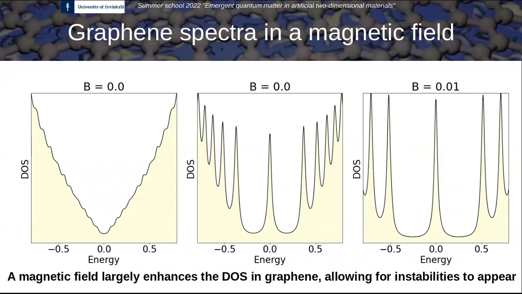So this is also another way of understanding that a magnetic field is like a quasi-periodic potential. The quasi-periodic potential also created van Hove singularities as we were increasing it and as we were changing its wave vector. And the magnetic field also creates these van Hove singularities. So this relates again to this mapping between quasi-periodicity and quantum Hall states. Magnetic field in quantum Hall states gives rise to van Hove singularities coming from the Landau levels.